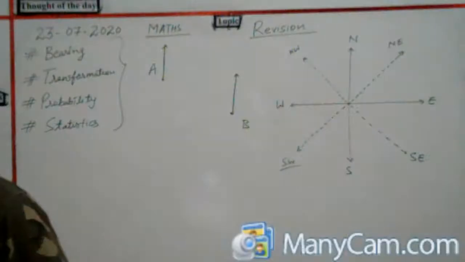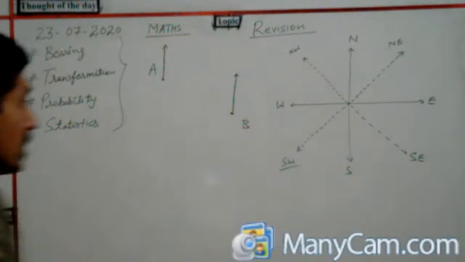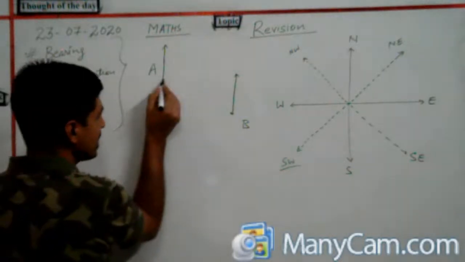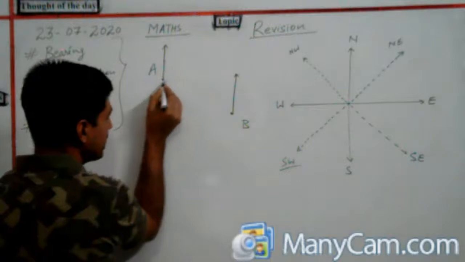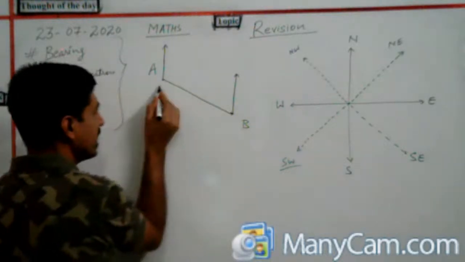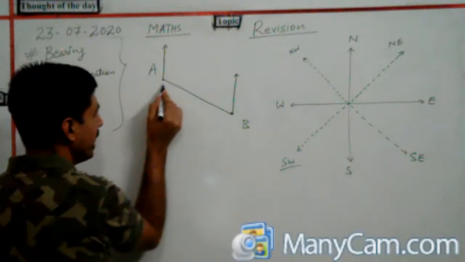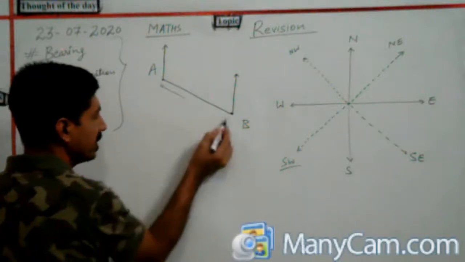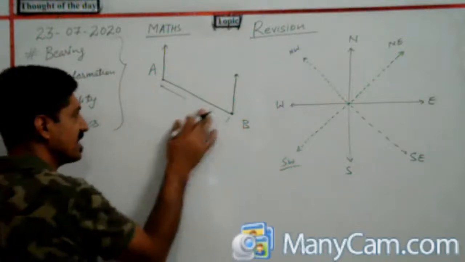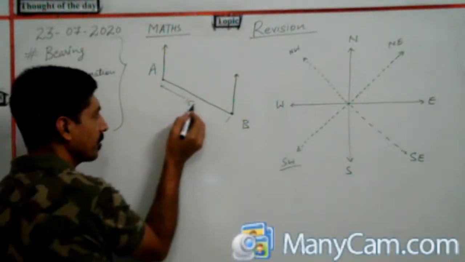So, bearing. Suppose this distance from point A to point B is in centimeters, and this is 15 centimeters.